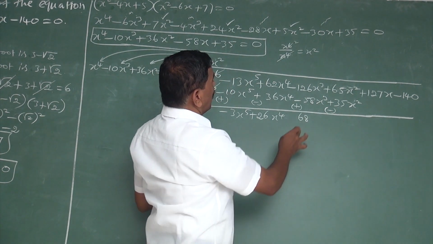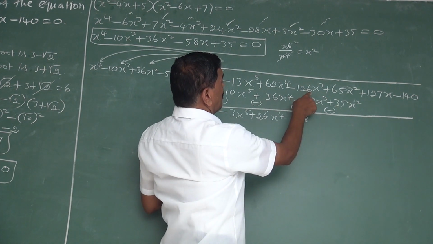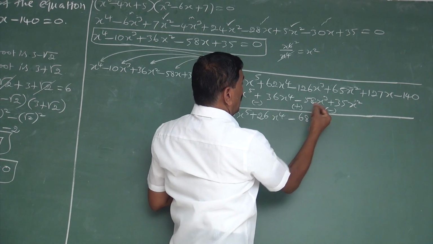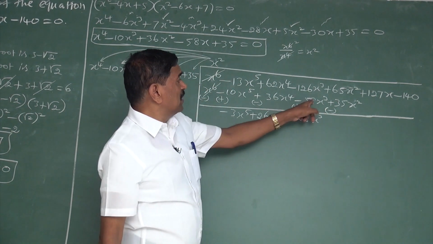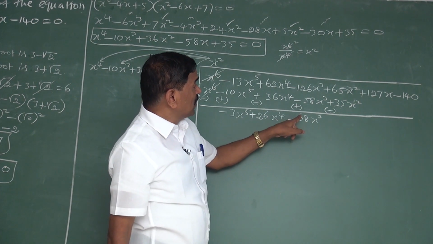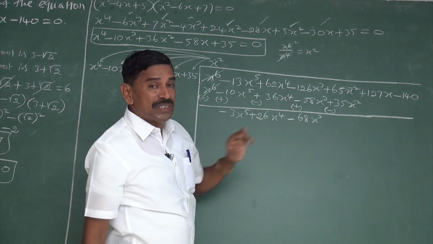Here 2 minus 2 is 0, so no need. That is 68, and the big number has sign minus, so minus 68x cube. Verification: 8 plus 8 is 16, remainder 1, and 6 plus 5 is 11, 11 plus 1 is equal to 12. Yes, your answer is correct. The big number's sign is negative.